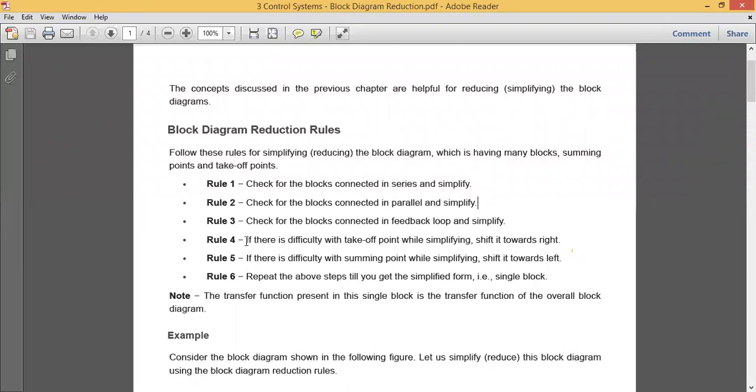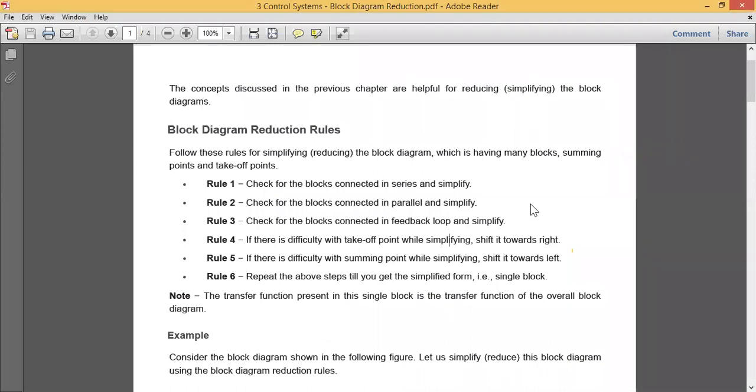Rule number 4 says that if there is difficulty with the takeoff point while simplifying, shift it towards the right. Sometimes while solving problems we may see some takeoff points available.